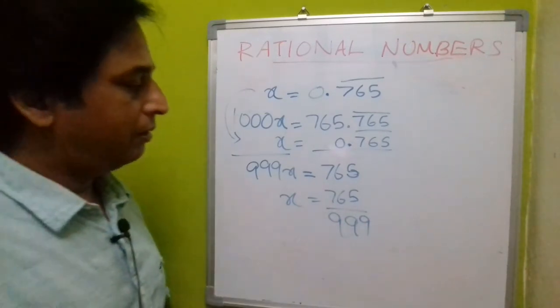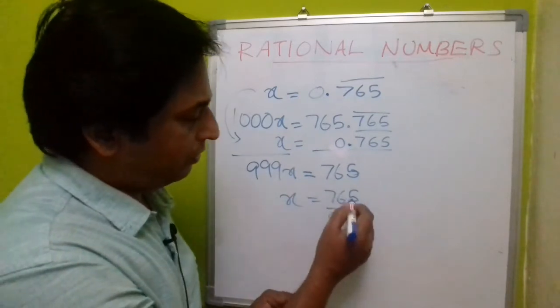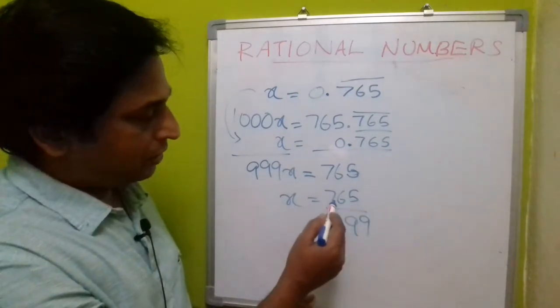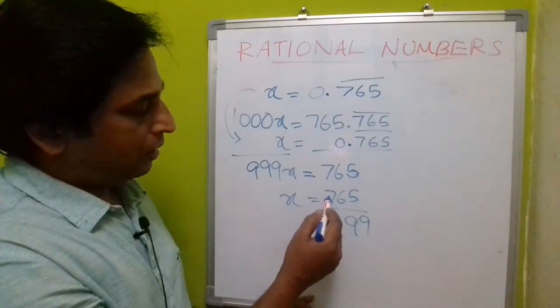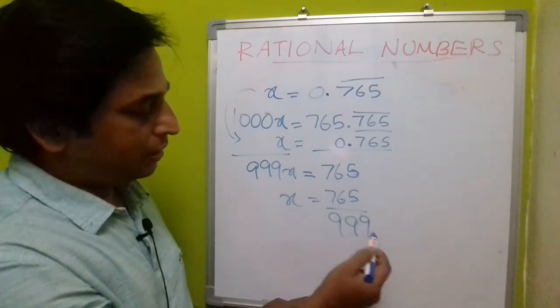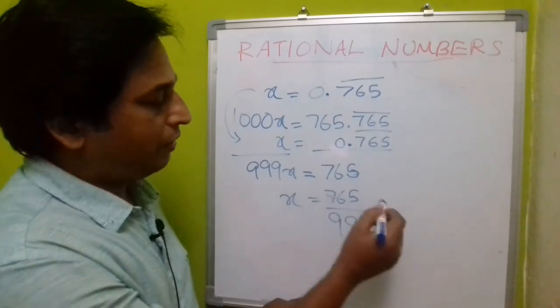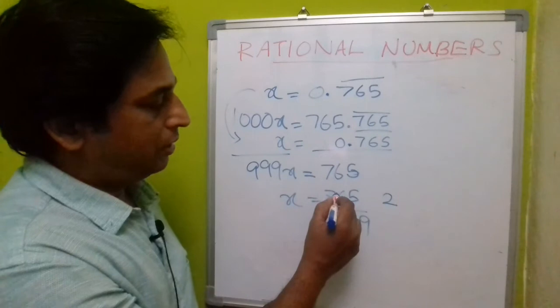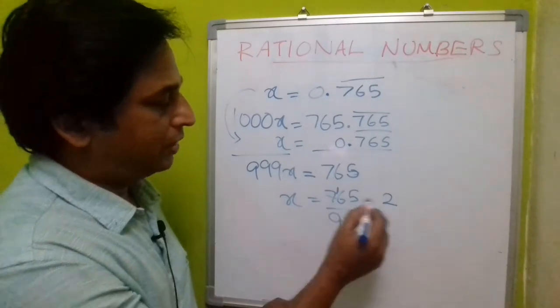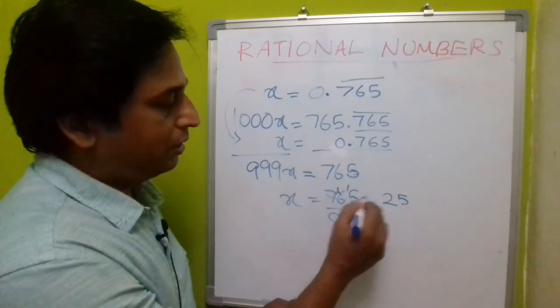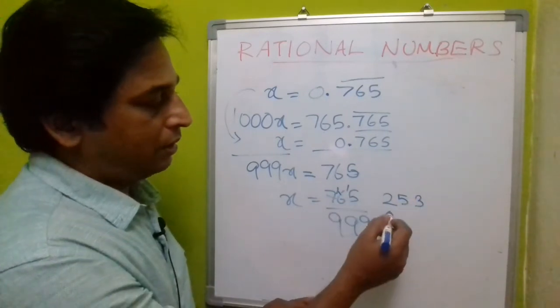Now you can see whether it is in the simplest form. No, this is divisible by 3 and this is also divisible by 3. Let us reduce it. In 7 it will go 2 times, balance 1, so it is 16, it will go 5 times, and there is another balance 1, it will go 3 times.